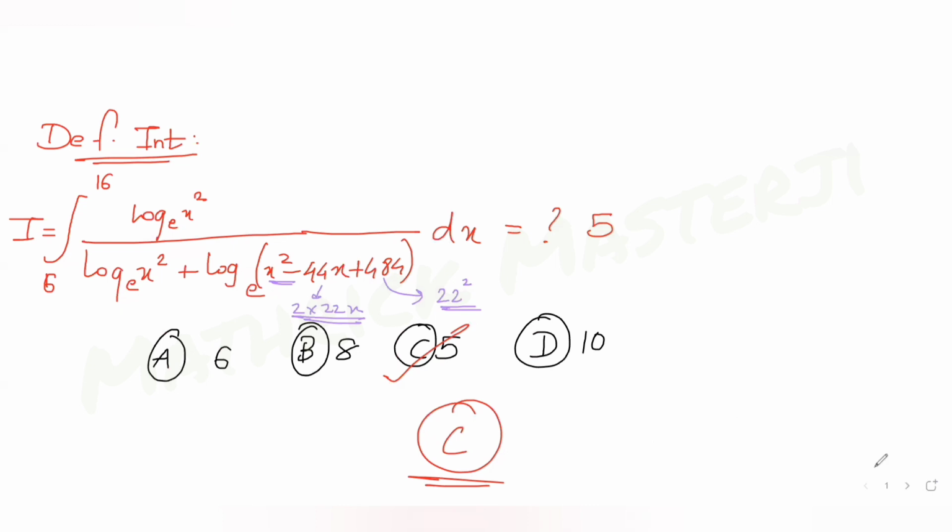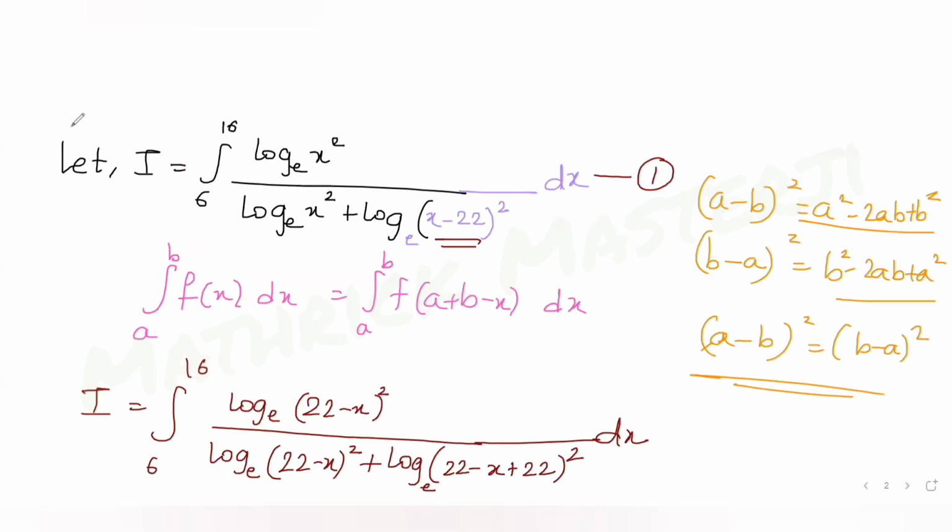I hope you have understood how to solve this type of questions. First we put I as the integral of the entire expression from limits 6 to 16. We just use this idea to convert our entire question and get the answer easily. I used the idea that the integral from a to b of f of x dx is equal to the same limits a to b, but instead of f of x, I write f of a plus b minus x.